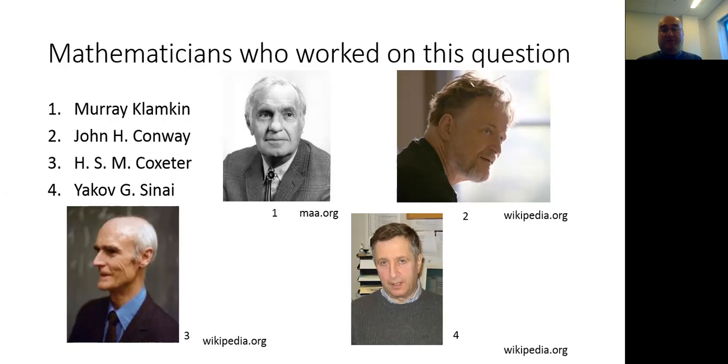Coxeter, the famous geometer, also published some results about this problem. Yakov Sinai, who is known for his work in dynamical systems, also has some publications about this problem. By the way, the 3x+1 sequence can be interpreted as a dynamical system. Yes, a simple system, but not trivial.